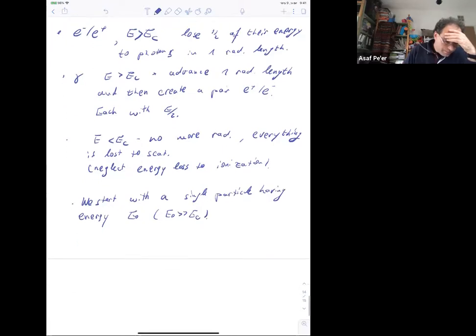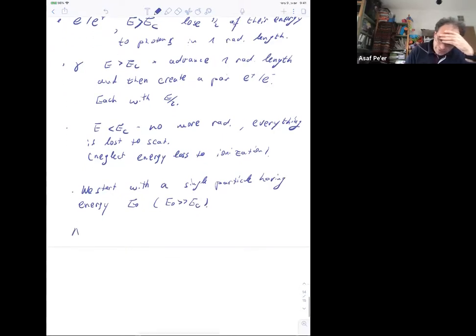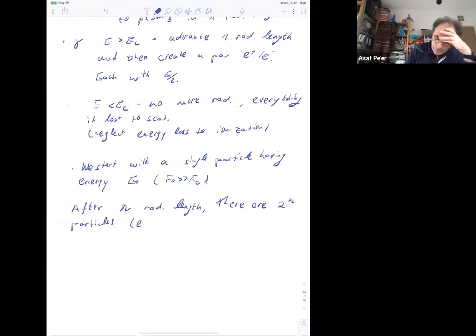Then after n radiation lengths, you have 2 to the n particles, E plus minus and photons in about the same numbers. Each has energy E0 over 2 to the power n.